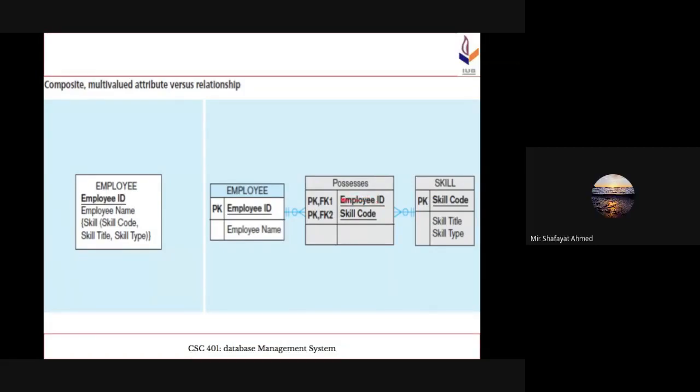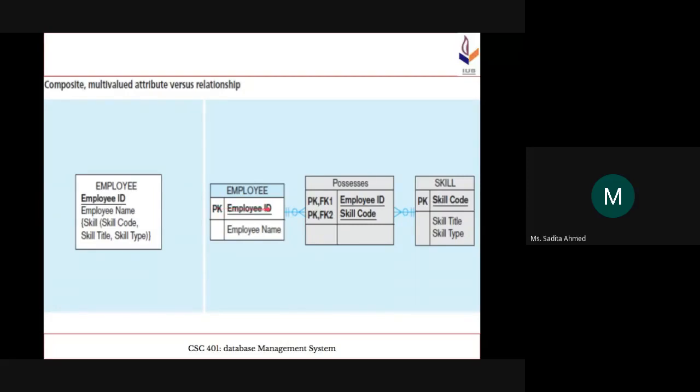Employee ID, even though it's an attribute in the possesses entity, I kept it as an attribute in the possesses entity, but originally where does it come from? Where does employee ID come from? Employee. Originally, remember that it belongs to the employee entity as the primary key, no less.